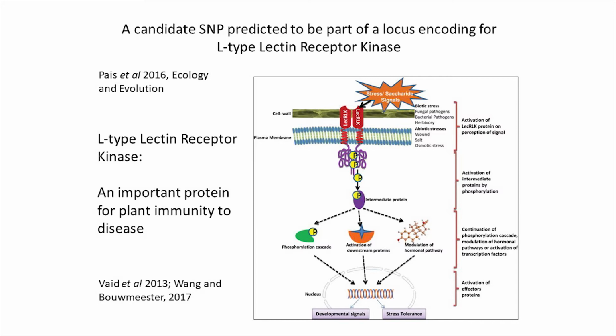One of which is a lectin receptor kinase gene, which is encoding for a protein that occurs on the cell membranes of plant cells. So diseases can work their way through the surface here, and plants need to have a good way of recognizing them so that they can either trigger pathways that will create proteins that will kill the disease, or they can create byproducts like chemicals or metabolites, which can also deter pests.